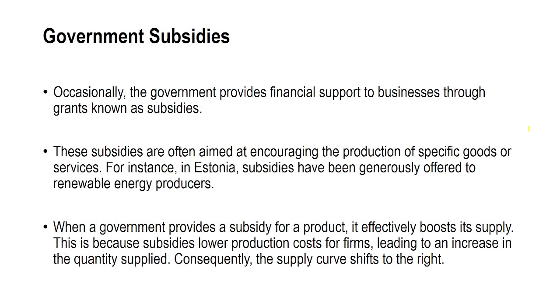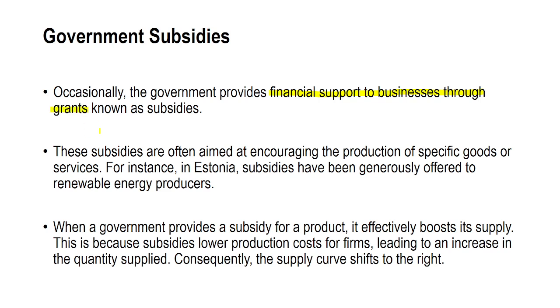The next factor that shows an increase or decrease in the amount of supply by shifting the supply curve, with the condition that price is fixed, is government subsidies. Occasionally, the government provides financial support to businesses through grants known as subsidies. So, subsidies are financial support to businesses through grants.